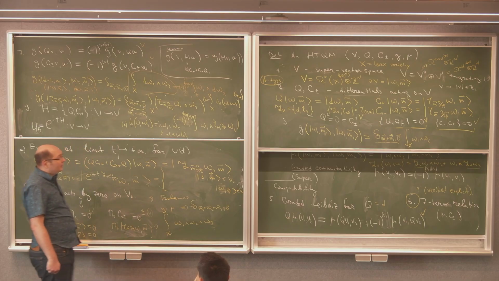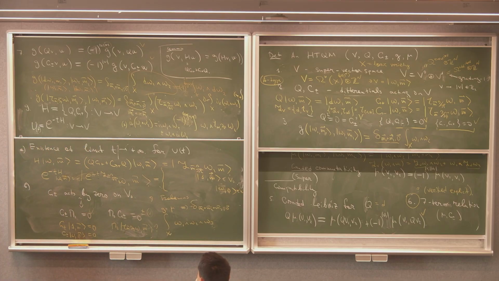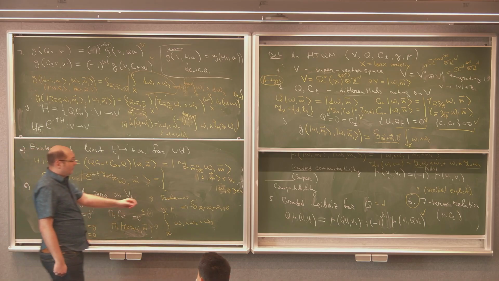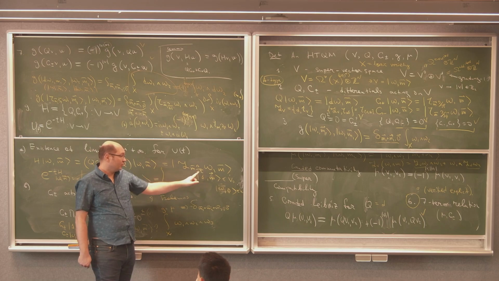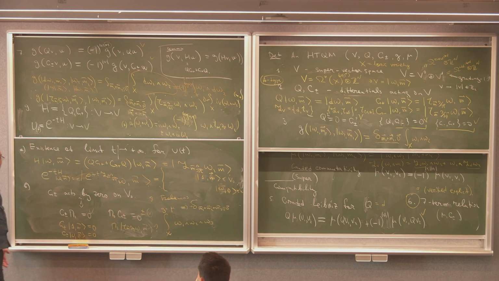Or equivalently, we can look at how G plus minus and Q act on this state. Q acting on this state gives 0, because it acts by the de Rham differential, and the de Rham differential of a constant is 0.